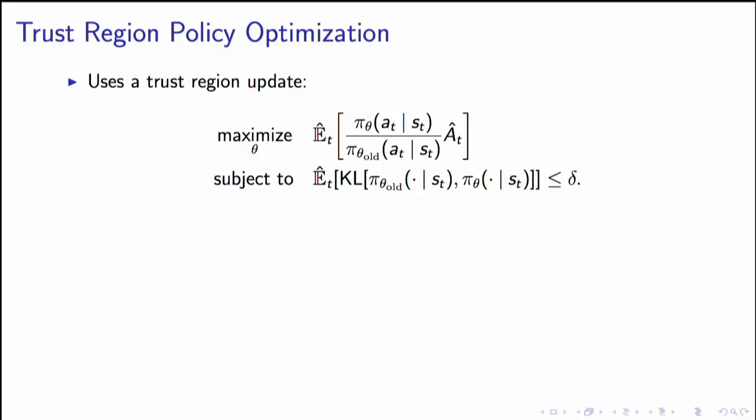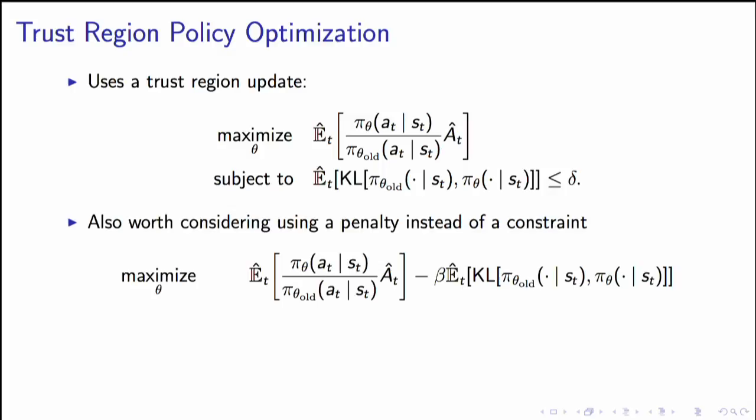The basic setup is we collect some data from our policy pi sub theta old, and then we want to update it to get our new policy pi sub theta. So we take the data we just collected, write down this constrained optimization problem, and solve it, which gives us our updated policy. In this case, we have an importance sampling looking objective, subject to a constraint on the KL divergence between the new policy and the old policy.